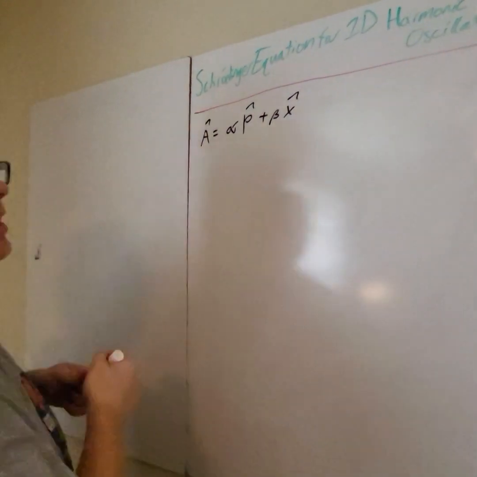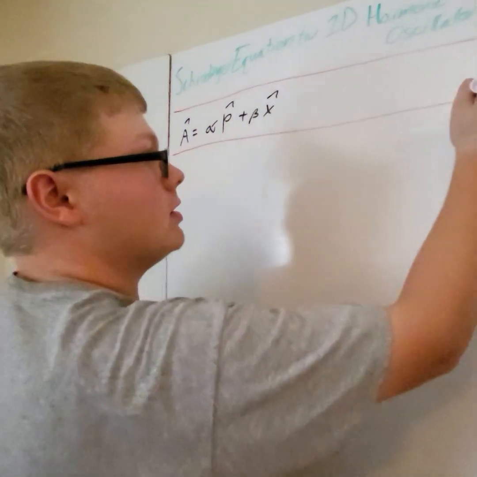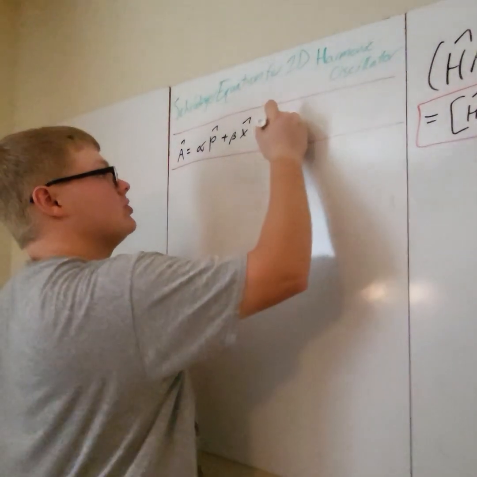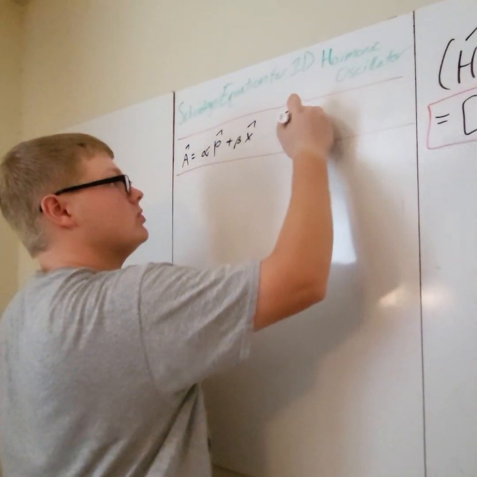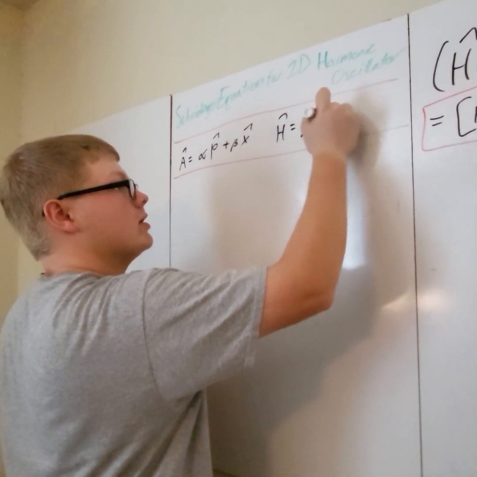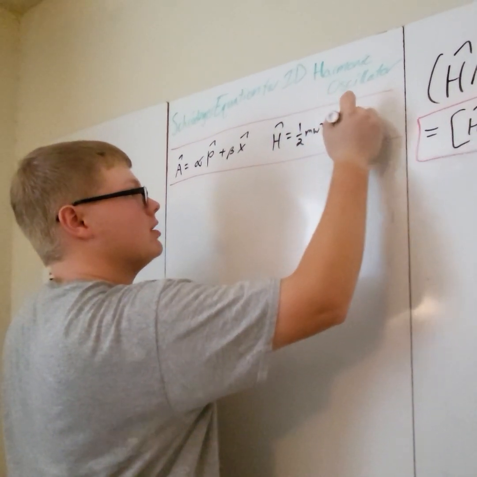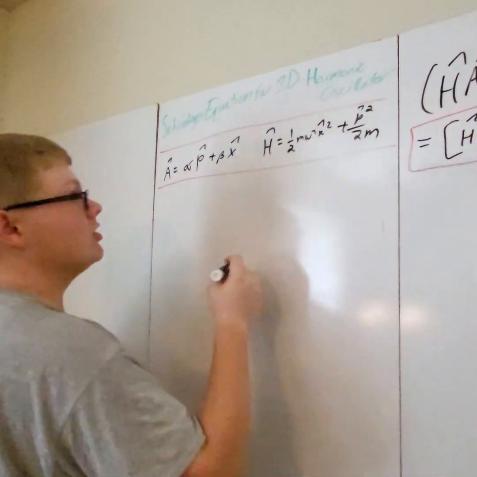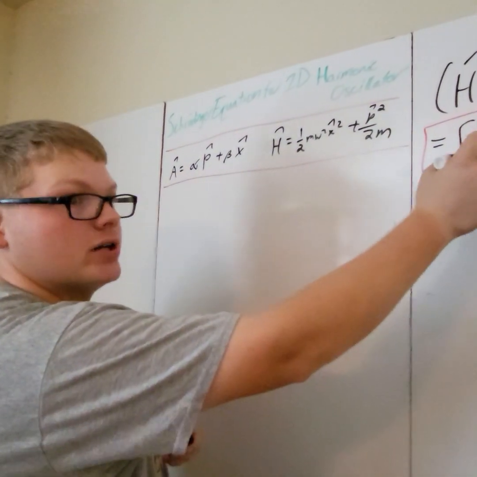And we're going to plug that into our equation. We know that our Hamiltonian operator is equal to 1/2 mω² times the position operator squared plus the momentum operator squared over 2m. So we're going to plug that into this equation over here.